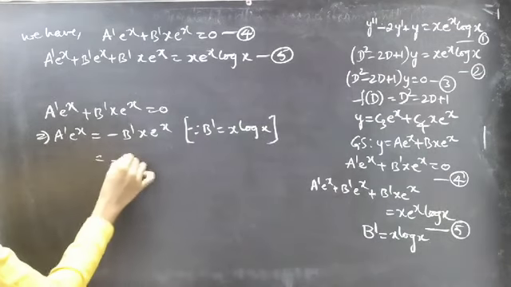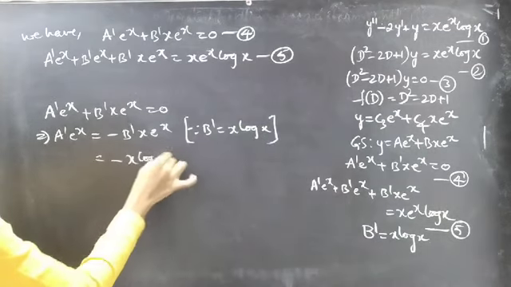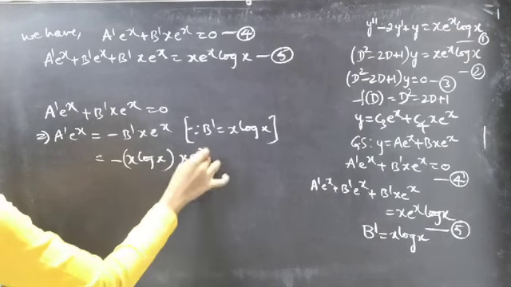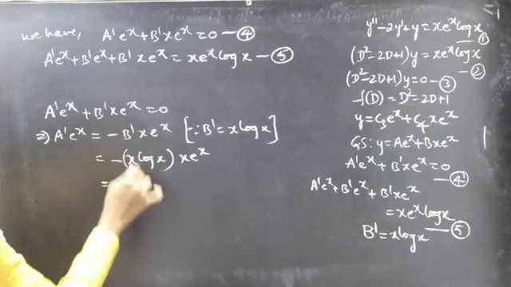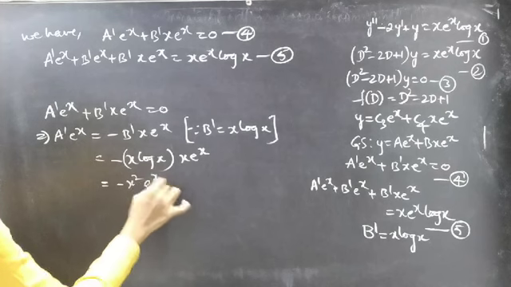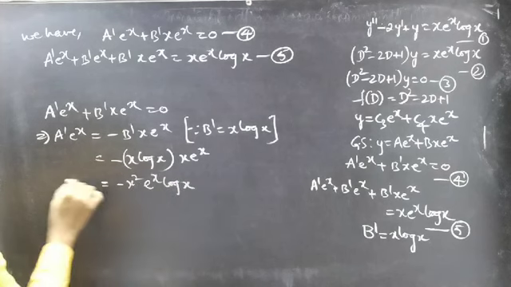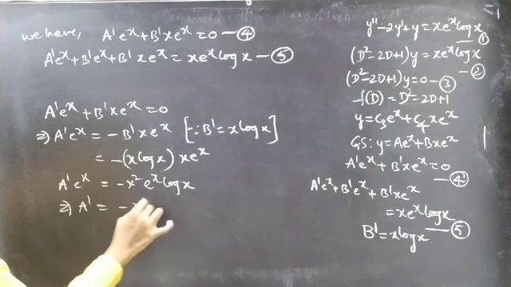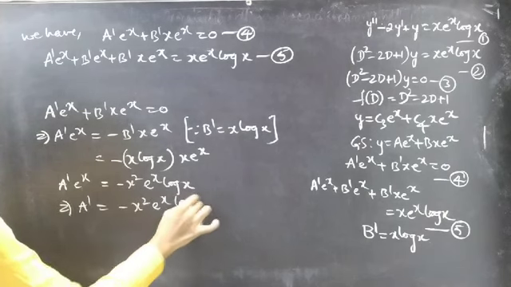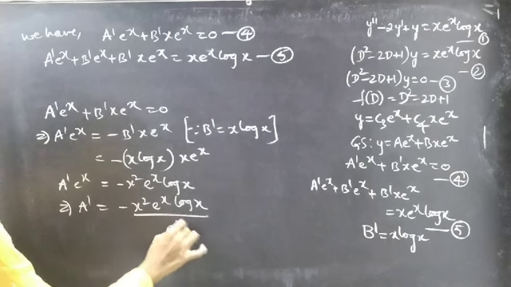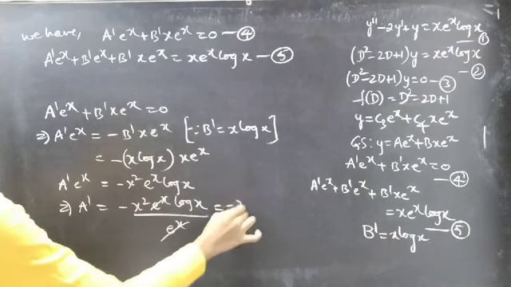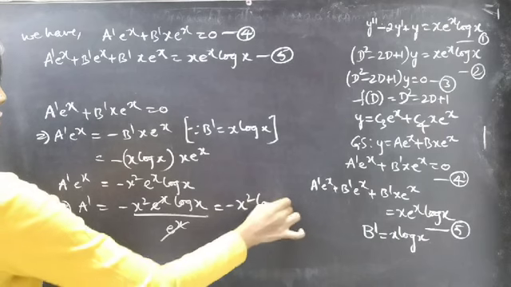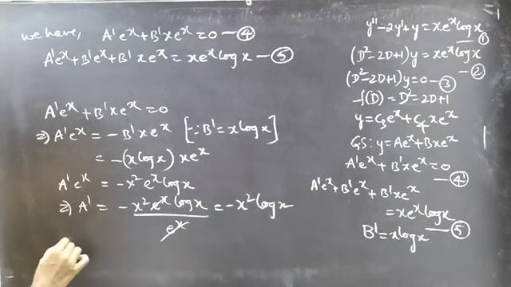We'll get minus x log x into x e power x, which equals minus x into x square e power x log x. Now take e power x to the RHS, we'll get a dash equals minus x square e power x log x by e power x, where e power x gets cancelled, and this equals minus x square log x.